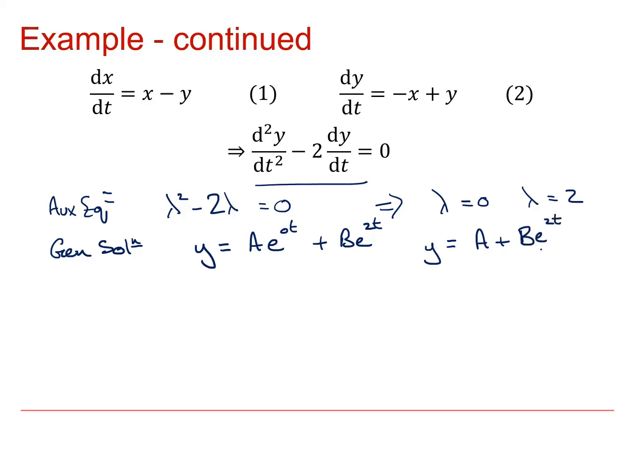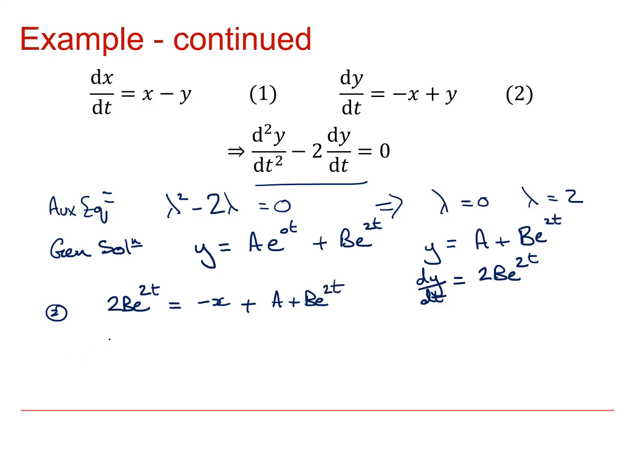Now having got an expression for y, I can get an expression for dy by dt, which is just 2b e to the 2t. Then from equation 2, I get 2b e to the 2t is equal to minus x plus a plus b e to the 2t.